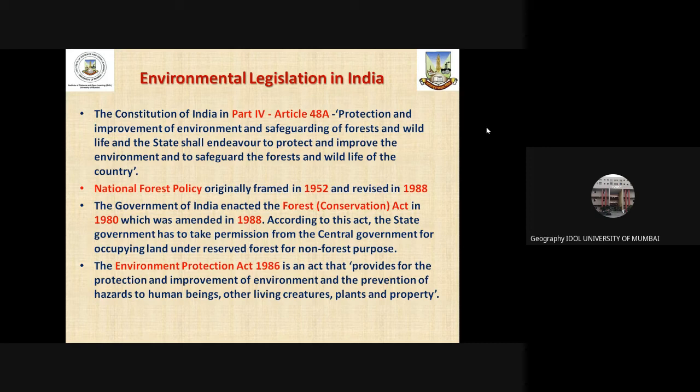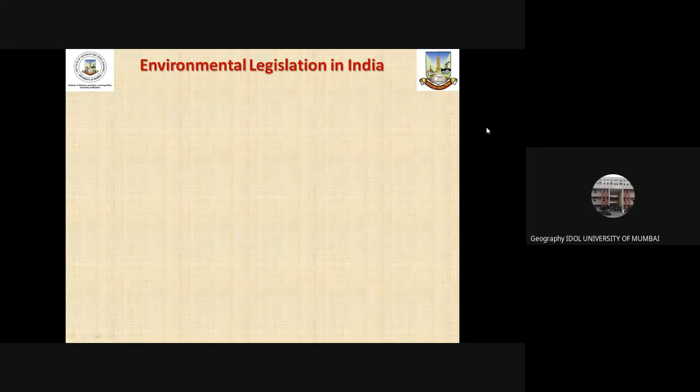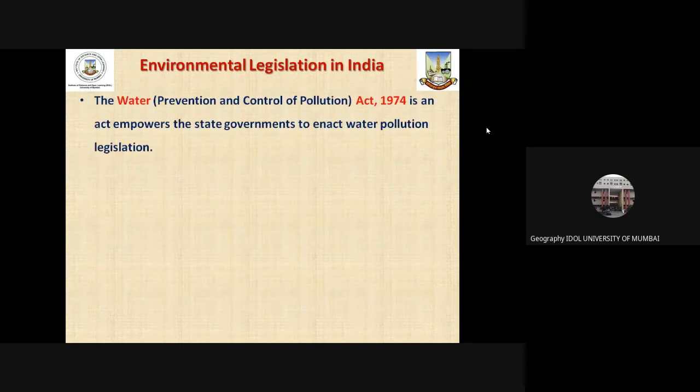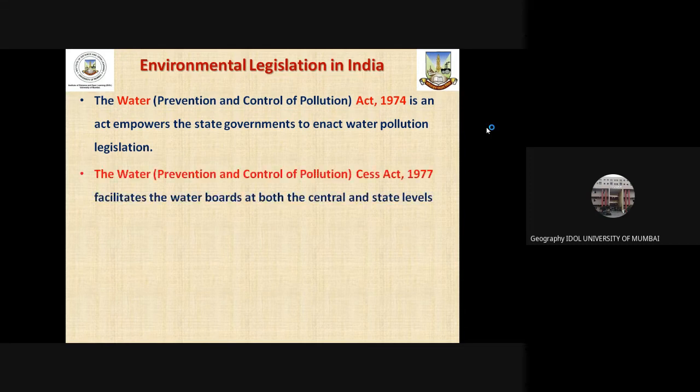So it is considered to be more extensive, the Environmental Protection Act 1986. The Water Act for prevention and control of water pollution was passed in 1974. It is an act that empowers the state government to enact water pollution legislation.